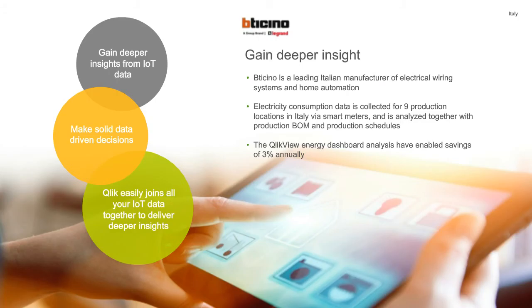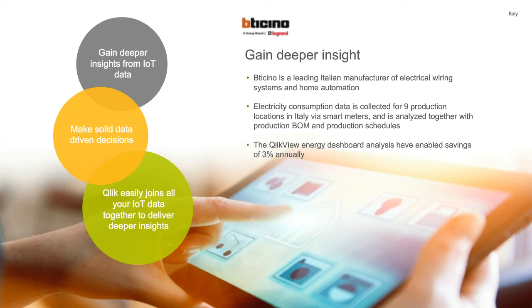Going to the customers themselves, starting off in Italy, we've got BTicino. This is an Italian manufacturer of electrical wiring systems and also household automation products such as access controls, thermostats, and even smart meters. So they actually use Qlik internally to create an energy dashboard, and they were monitoring their own energy usage using their own products, their smart meters and switchboards and things like that, across their 9 factories in different locations across Italy.